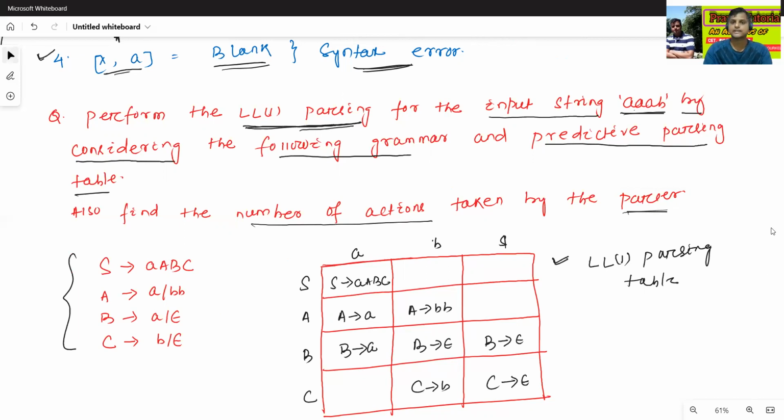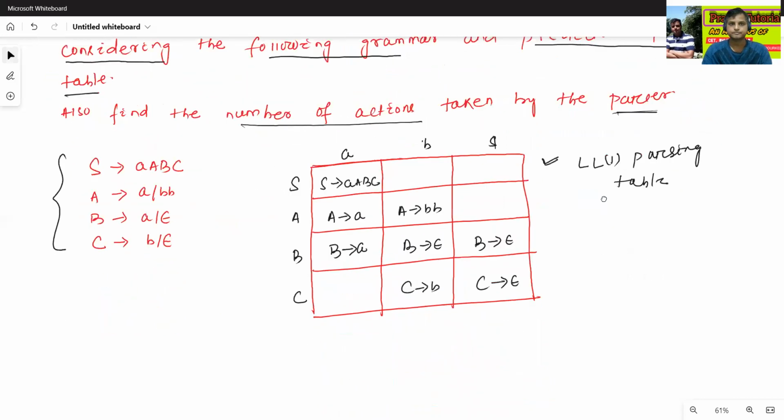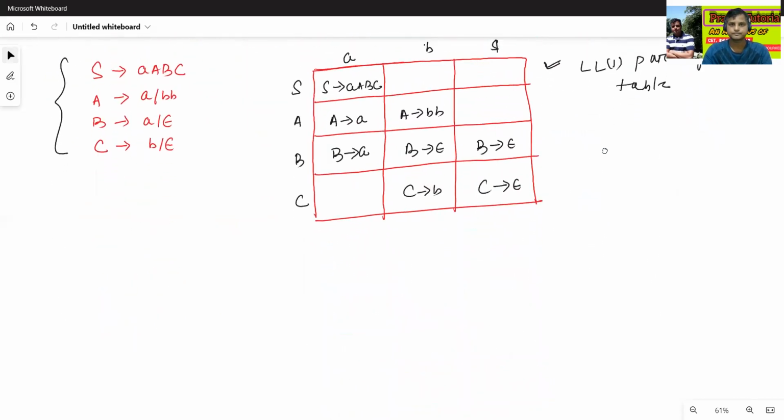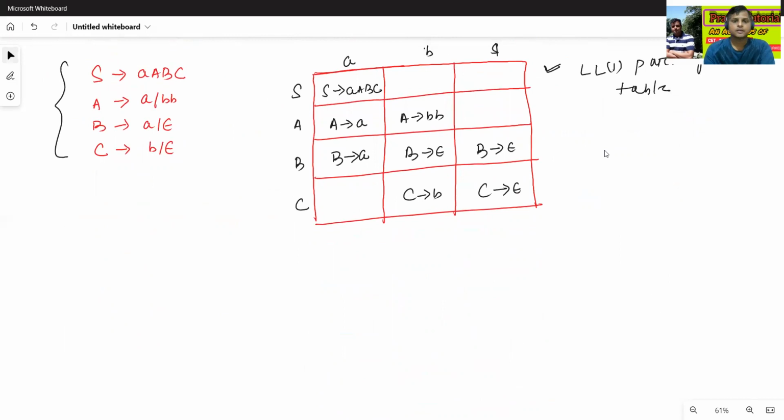See how to construct the LL1 parsing. This is a very important question. Now we'll construct the LL1 parsing.